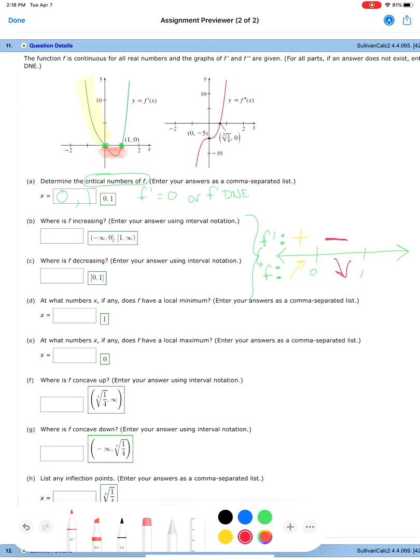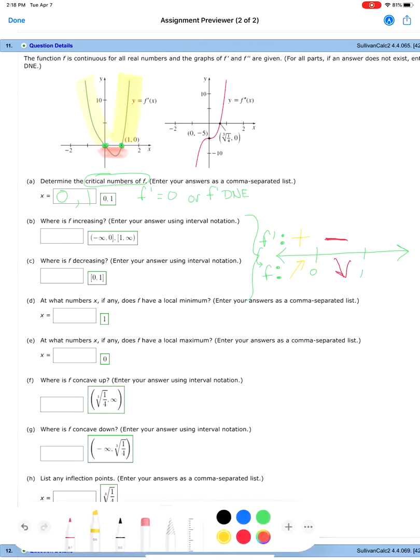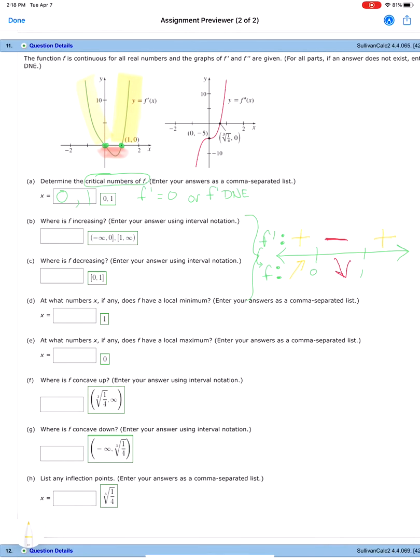And then going back, again, when f prime is positive, so anything greater than 1, that is where f is increasing. So f is increasing, we can see, from negative infinity to 0, and then again from 1 to infinity.